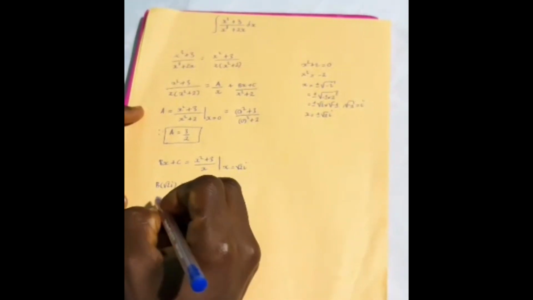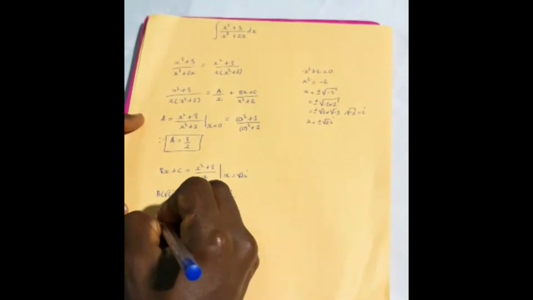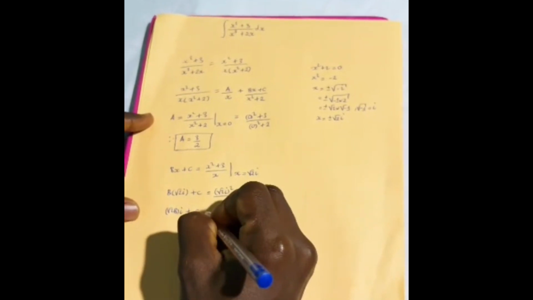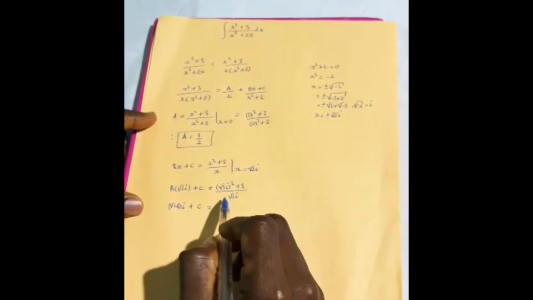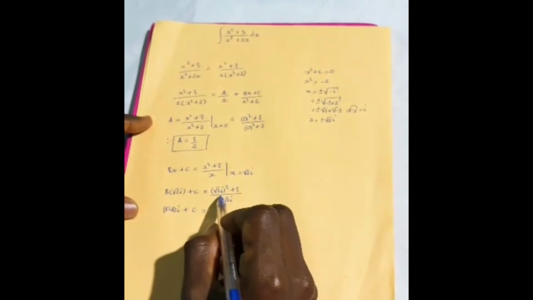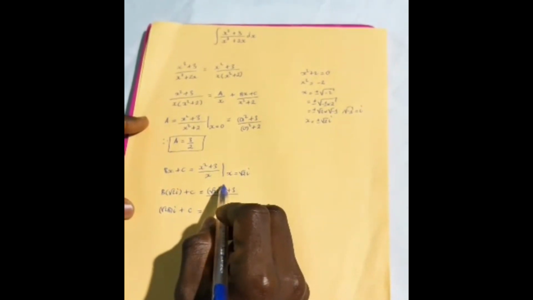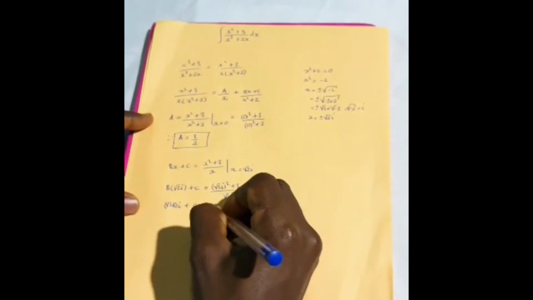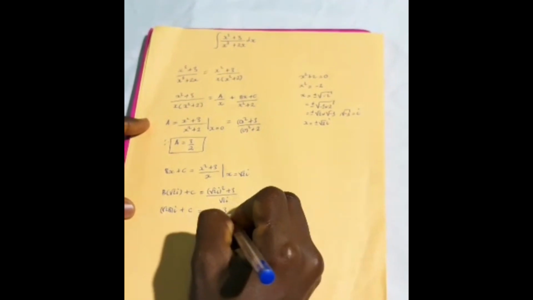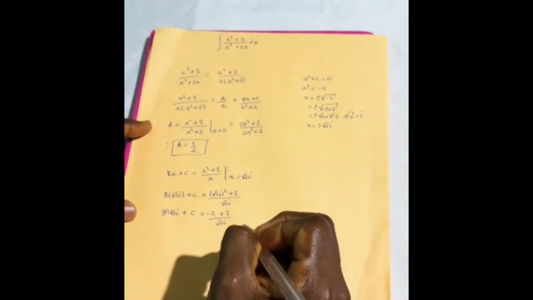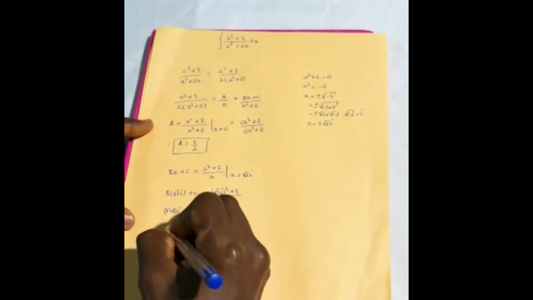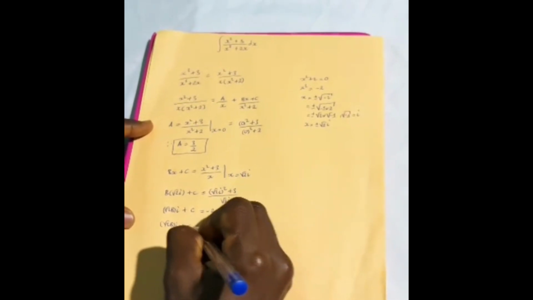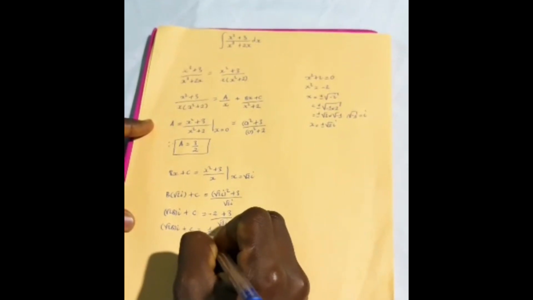So this boils down to root 2 bi plus c equal to, now root 2i squared is the same as root 2 squared times i squared, and you know that i squared is negative 1 and root 2 squared is 2. So we have negative 2 plus 3 divided by root 2i. So we have that root 2 b i plus c equal to 1 over root 2i.